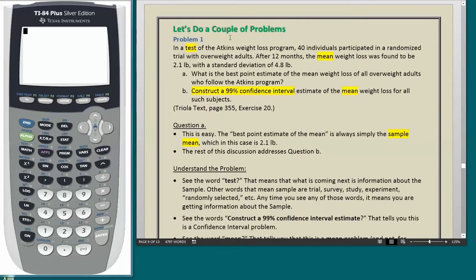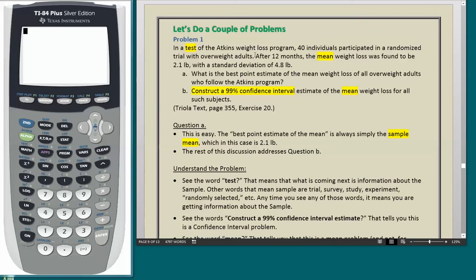Here's problem 1. In a test of the Atkins weight loss program, 40 individuals participated in a randomized trial with overweight adults. After 12 months, the mean weight loss was found to be 2.1 pounds with a standard deviation of 4.8 pounds.